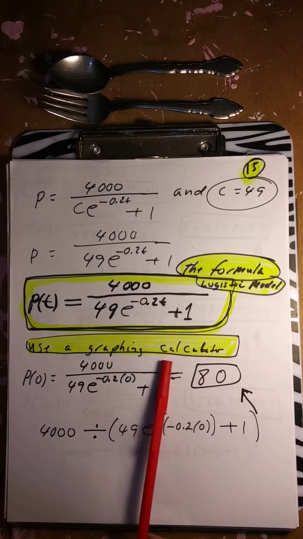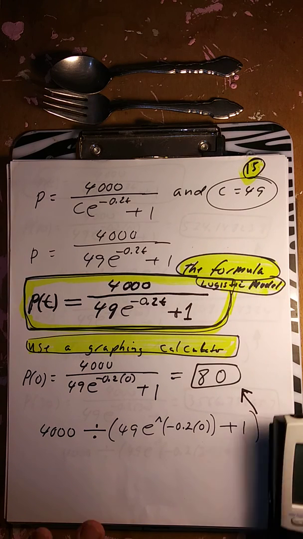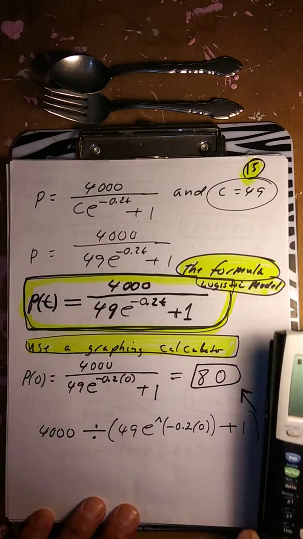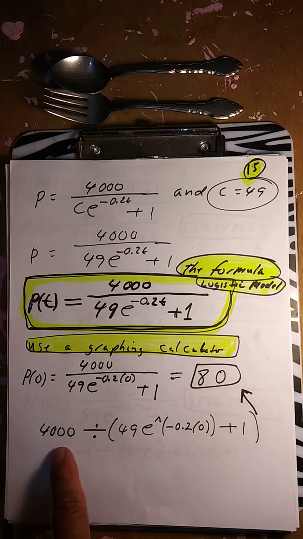Now, using the graphing calculator, let me get a graphing calculator here real quick. Here we go. It says put P of 0 in this formula, which becomes this.